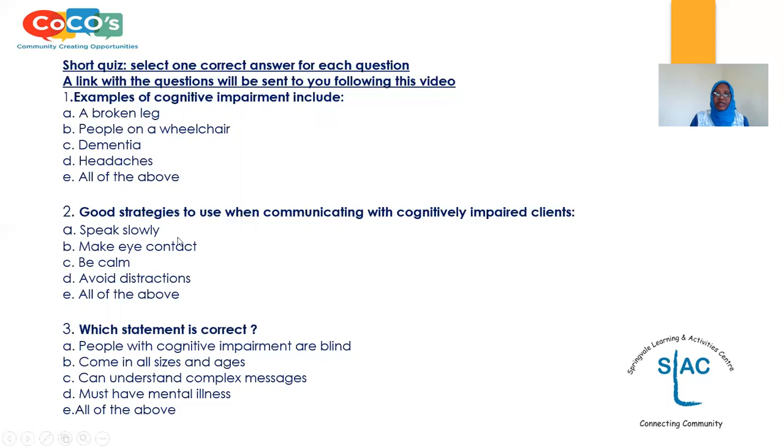A, speak slowly, B, make eye contact, C, be calm, D, avoid distractions, and E, all of the above. Number 3, which statement is correct? A, people with cognitive impairment are blind. B, come in all sizes and ages. C, can understand complex messages. D, must have a mental illness. And E, all of the above.